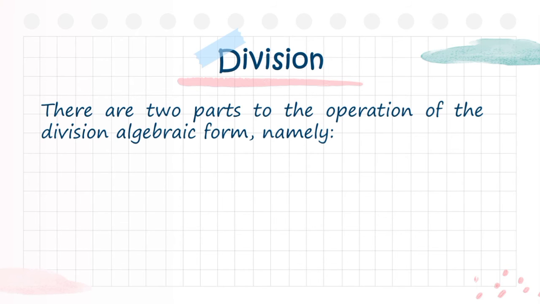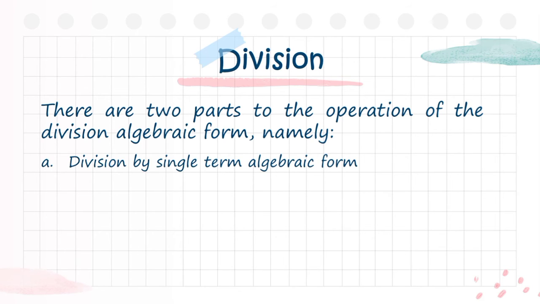The third algebraic form operation is also the last algebraic operation we will discuss. The operation is division. There are two parts to the operation of the division algebraic form, namely A. Division by single term algebraic form.